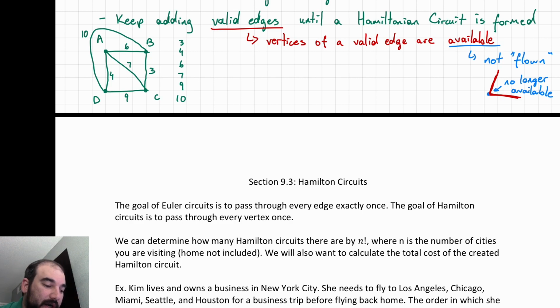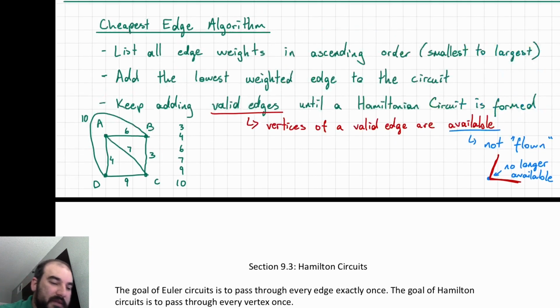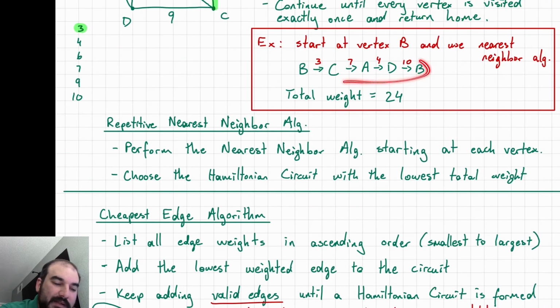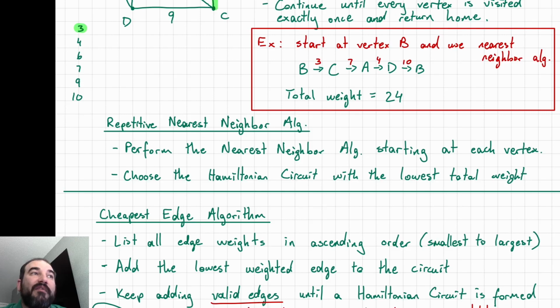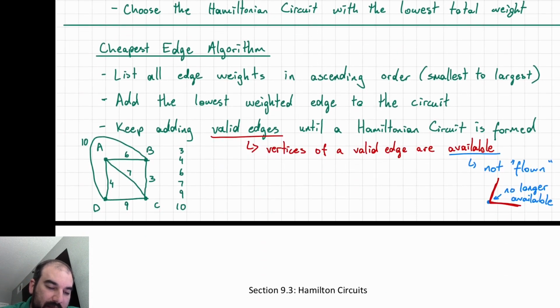And we're going to start by adding edges. Now, it makes more sense to do this on the graph itself and not write it out like we did for the previous example, where we had some kind of starting vertex to begin with, and then we went from there. But here we don't have a starting vertex. Also, as you're working through this and creating a circuit, your circuit doesn't have to remain connected the whole time either.